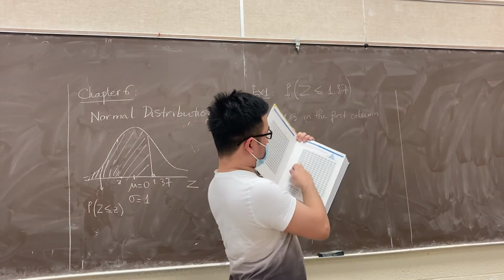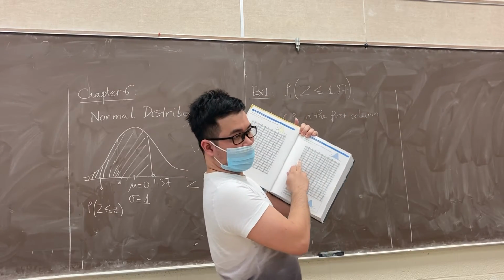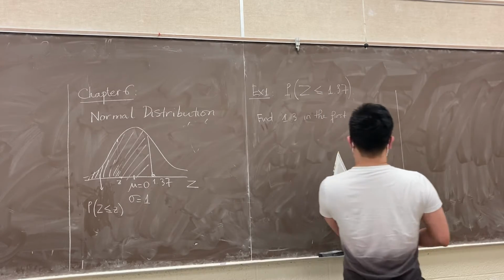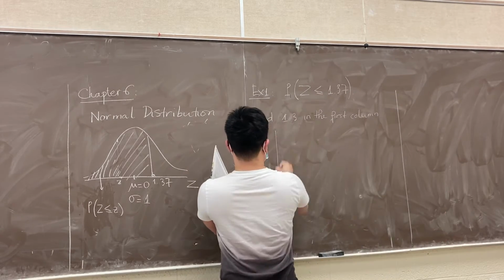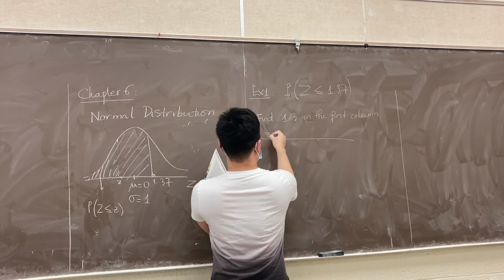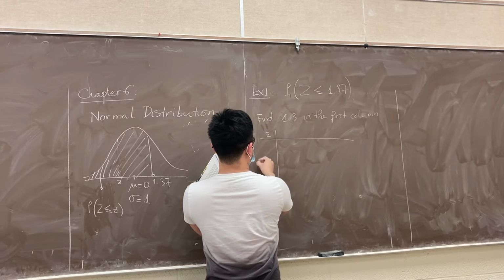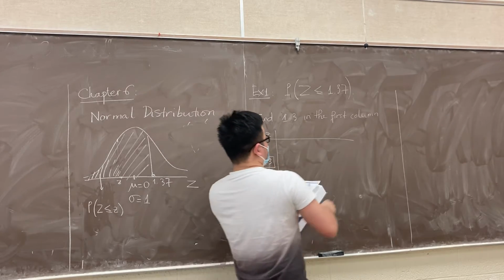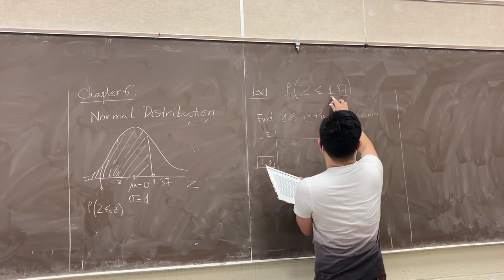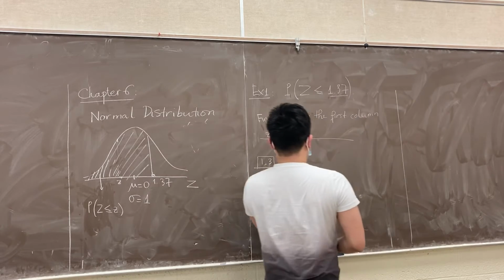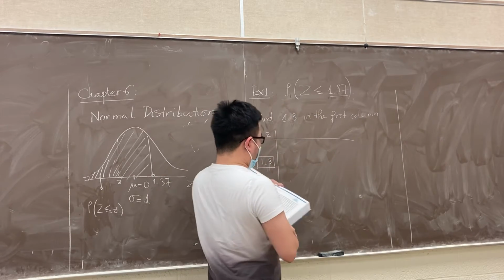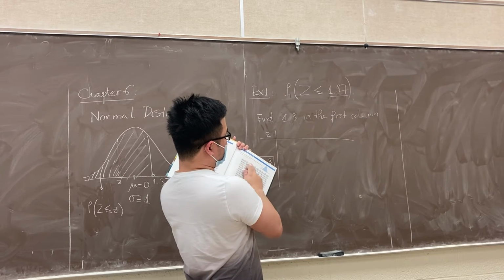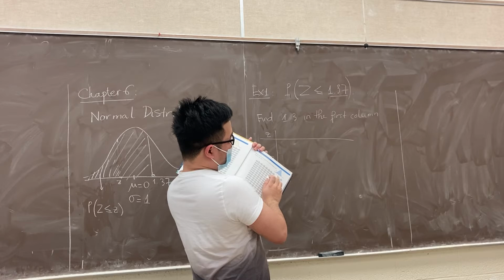Because we want to calculate 1.37, we find 1.3 here, and after that we find the column 0.07.